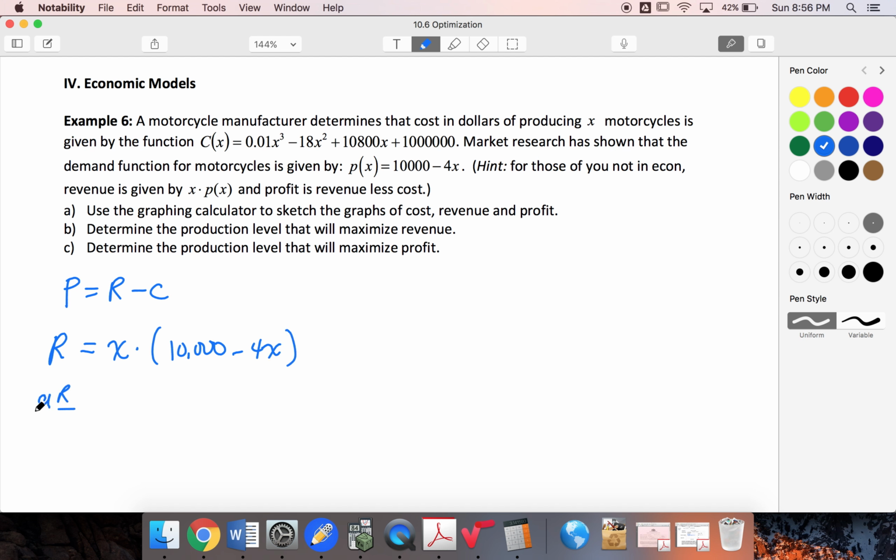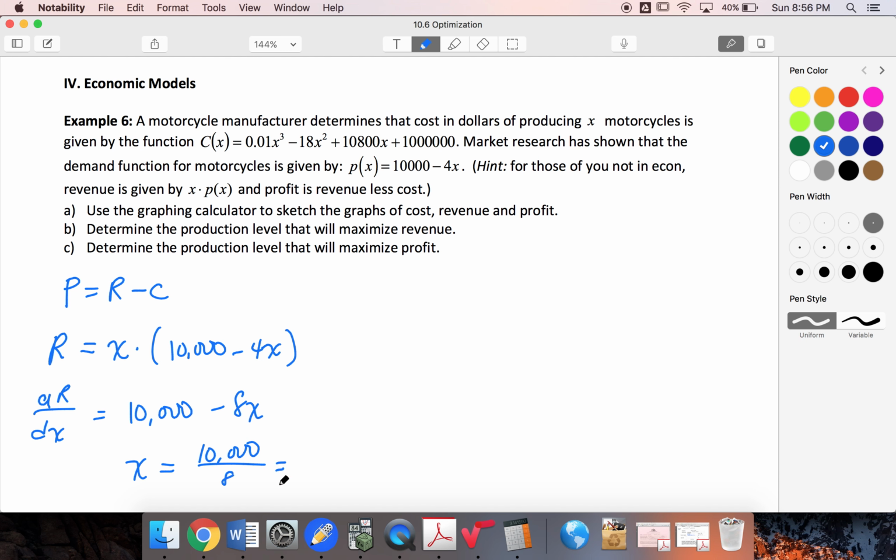So dR/dx is going to be 10,000 minus 8x. I just expanded that in my head: 10,000x minus 4x squared. So for the production level that maximizes revenue, set that equal to 0. I'll get 10,000 divided by 8.